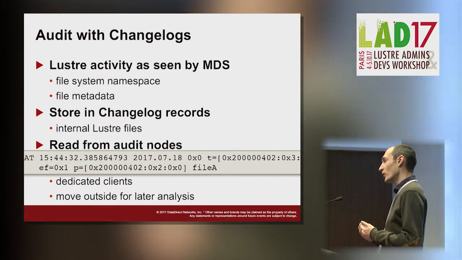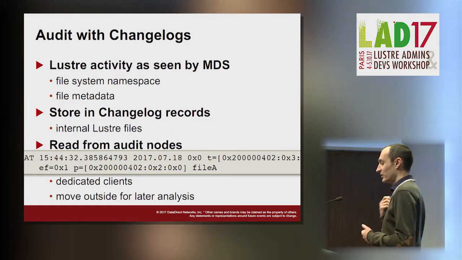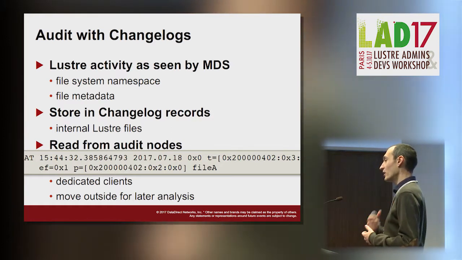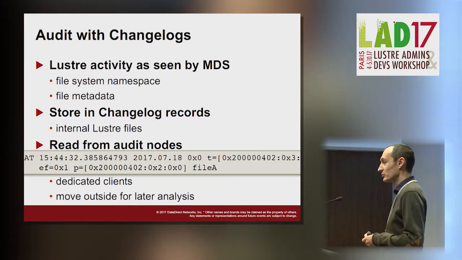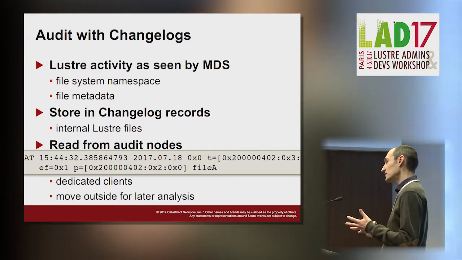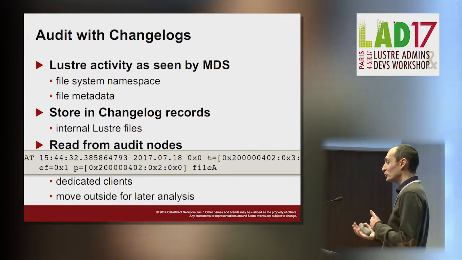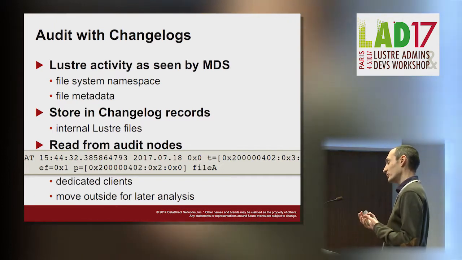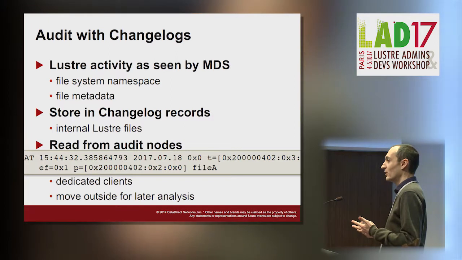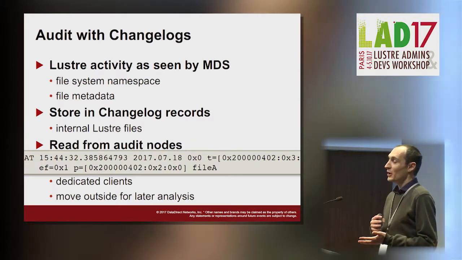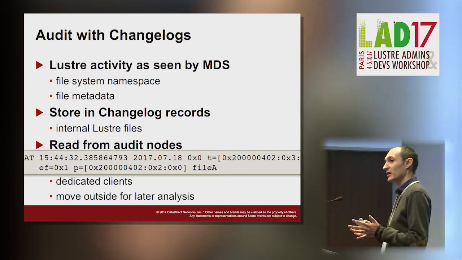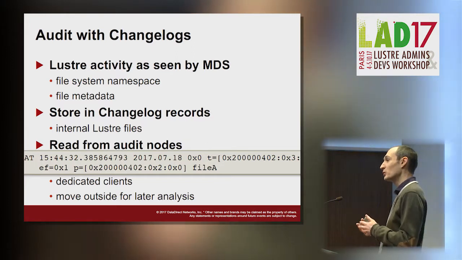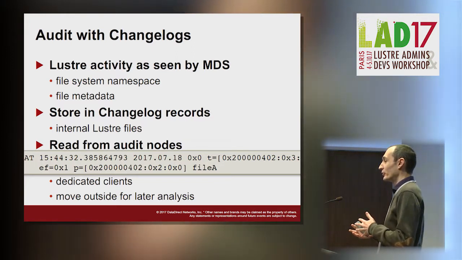For instance, as an example, I've put here a create changelog entry. So the idea to be able to use this for audit would be to retrieve those records from dedicated Lustre clients and then store them outside of Lustre in a place so that you can analyze the logs later.